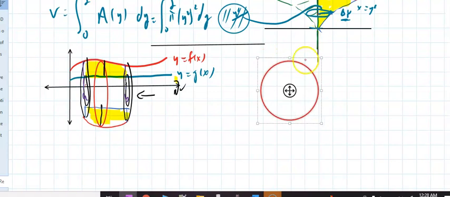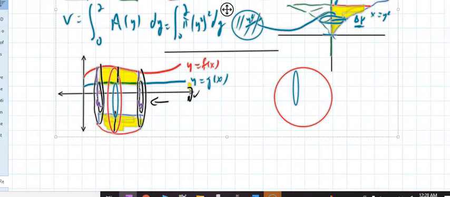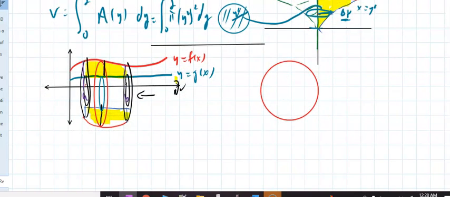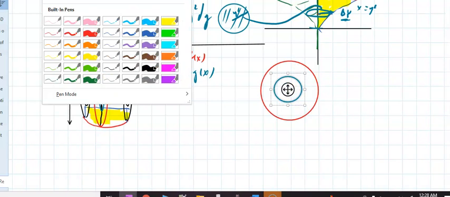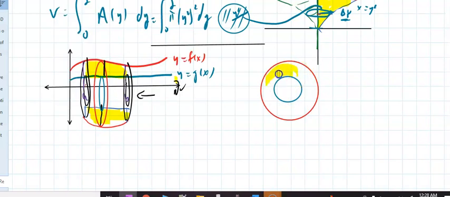Now, let's pay attention to the details. Visualizing this is very useful. There. Now, do we agree that this is the actual area that I want?